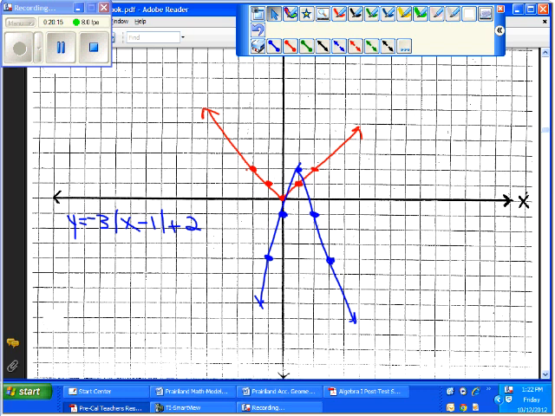Let's go back and remind ourselves of what we said would happen if we did each of these things. What did we learn in Algebra 2 would happen if we had a 2? Shift up 2. What did we learn would happen if we had a minus 1?